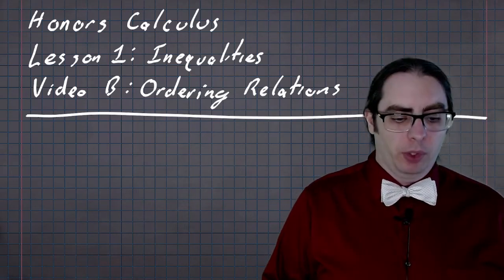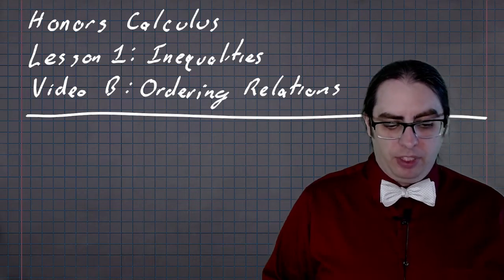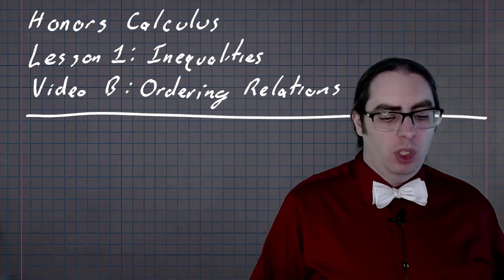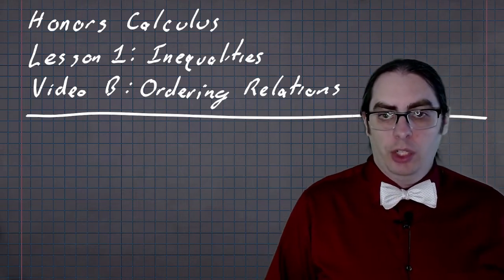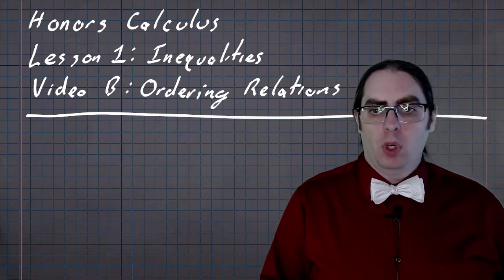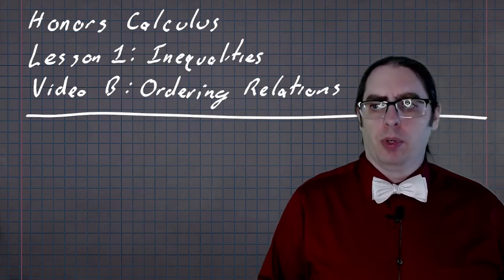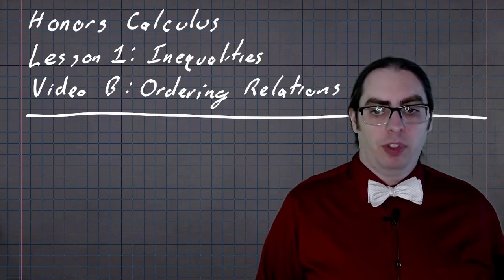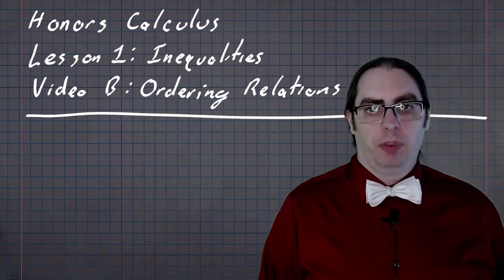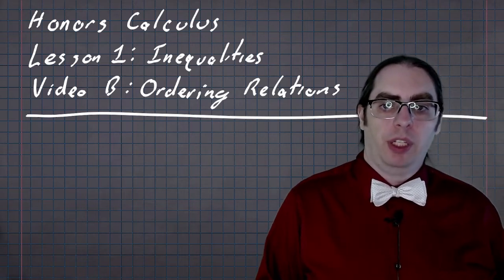In this video, we're continuing our discussion of Lesson 1 on inequalities with an idea on ordering relations. Ordering relations is the broad idea, and inequality is a specific example of an ordering relation.